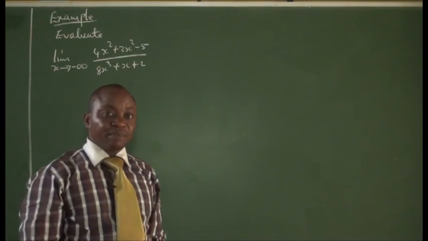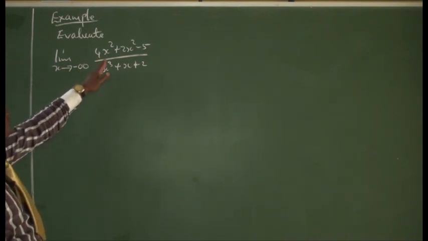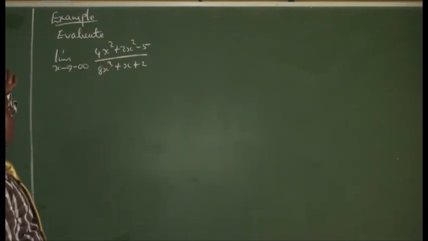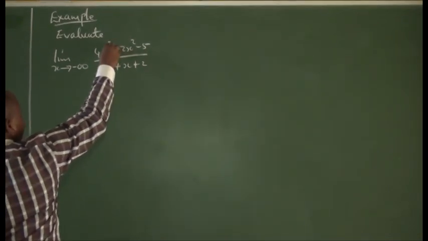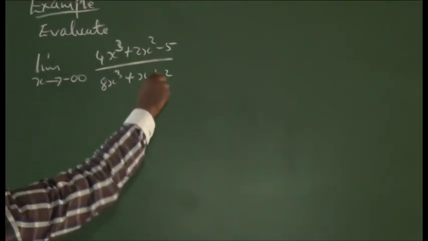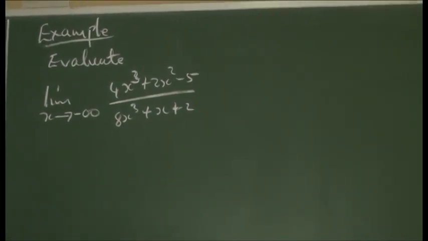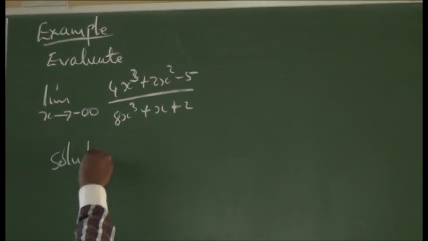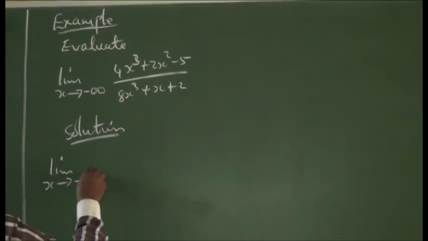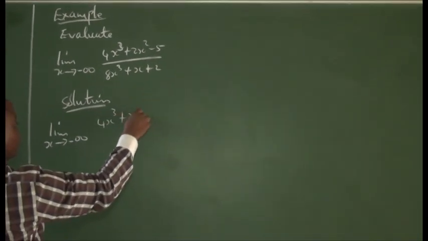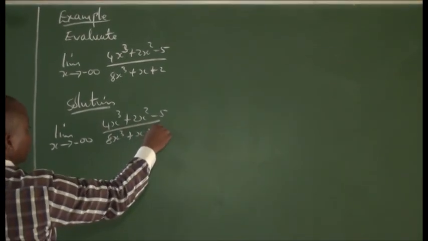We want to take another example. Evaluate the limit as x approaches negative infinity of 4x cubed plus 2x squared minus 5 over 8x cubed plus x plus 2.